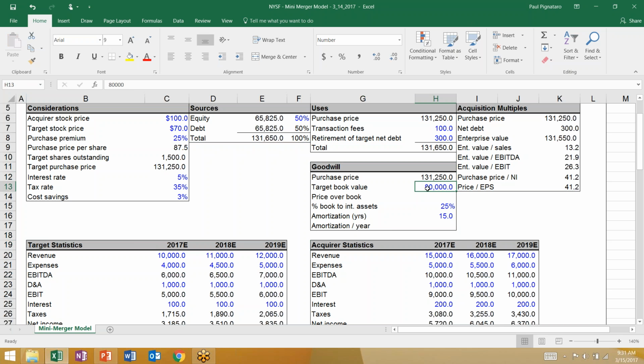The target book value, well, you just pull up from the shareholders' equity, and the price over book is going to be equal to the purchase price minus the book value, or 51 million. Okay, so the amortization is going to be 25% of that divided by 15 years, or 854.2 is the amortization on that allocation to intangible assets.